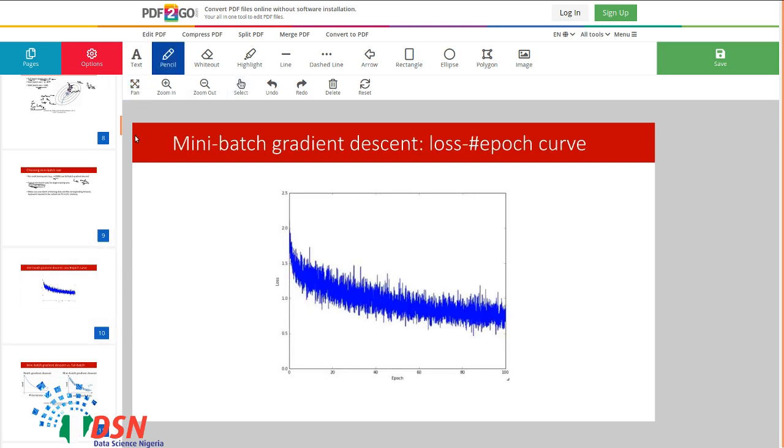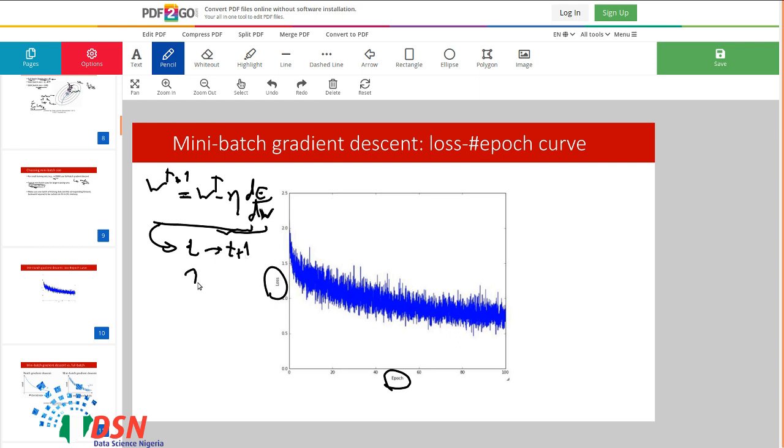So if you plot the loss function versus the epochs, epoch means the following. We know that the update rule is something like this, right? When we apply the update rule with this formula, after each step, from t to t plus 1, we have one iteration.